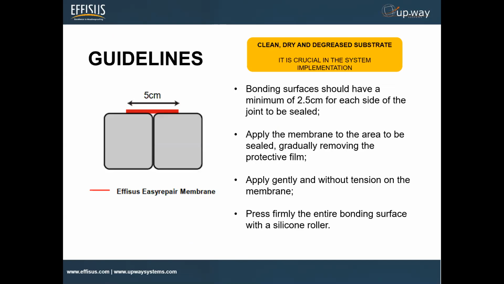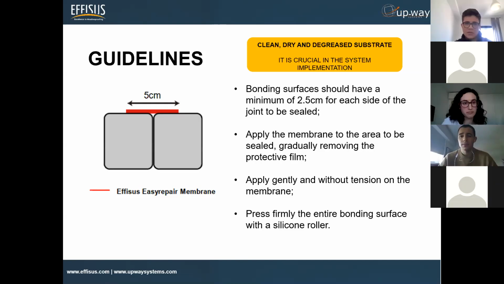Here we have some guidelines in regards to the application. Mark, can you help us here? Yeah, of course. Normally, the standard and perfect solution is 5 centimeters width, 2.5 to each part of the joint.